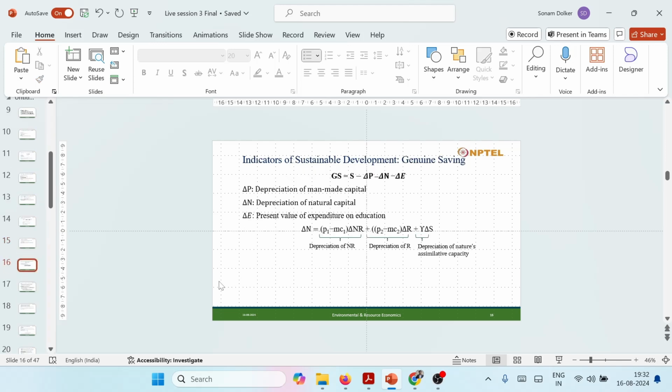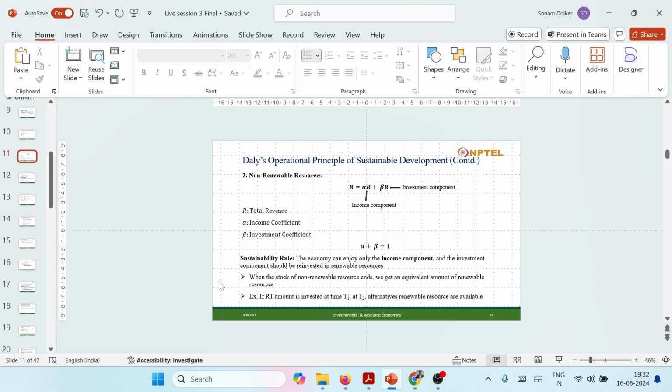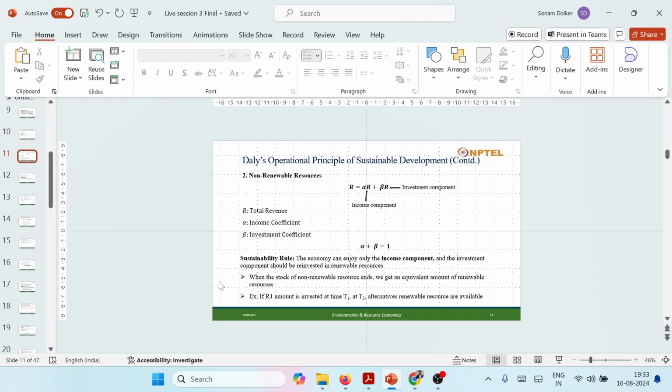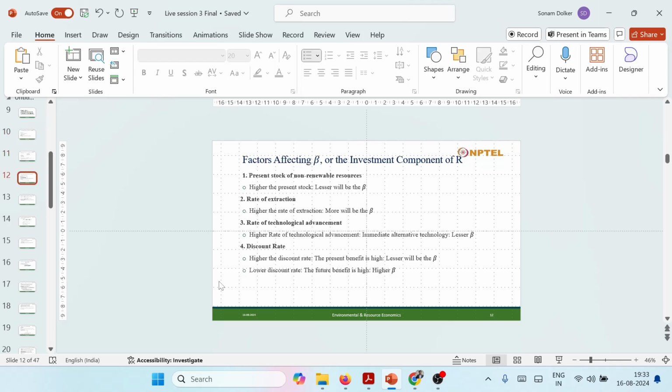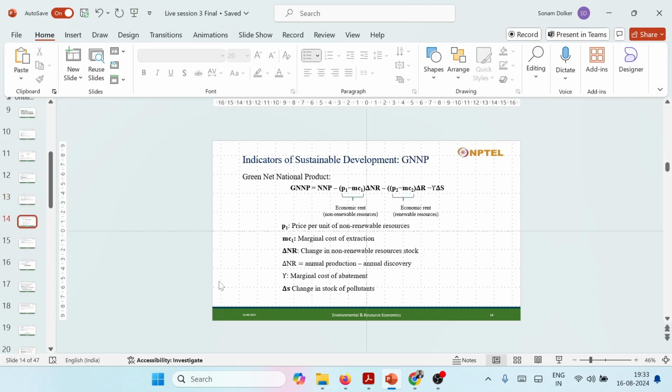Here are Daly's principle, and this is for non-renewable resources, and then the investment component, the indicators of economic development, and the indicators of sustainable development.